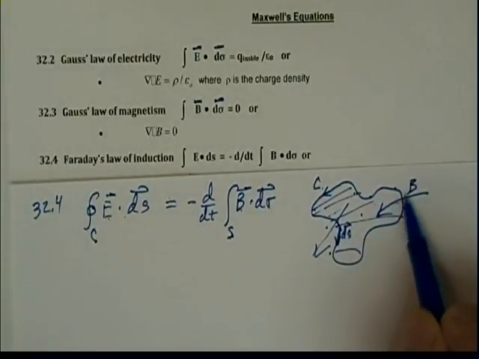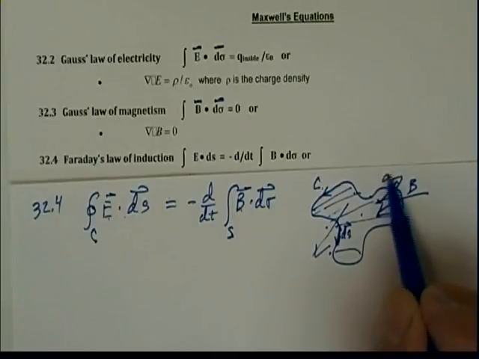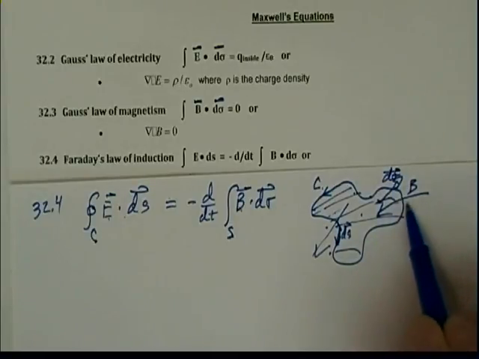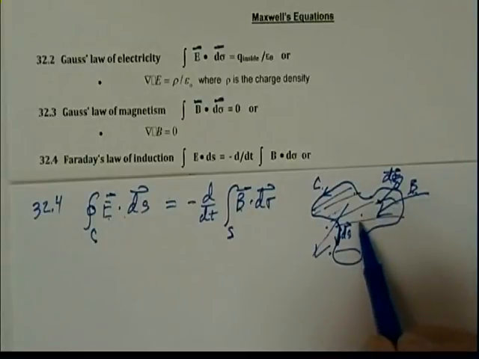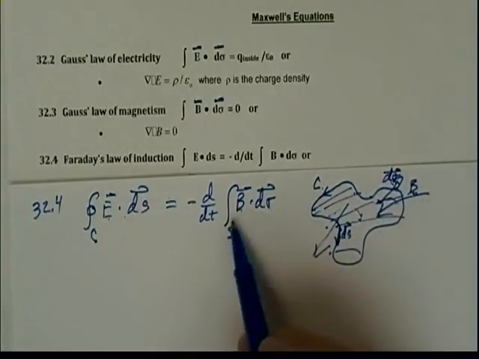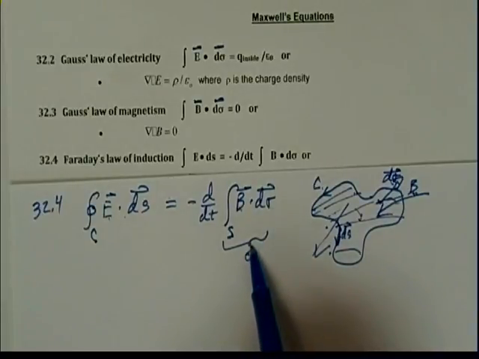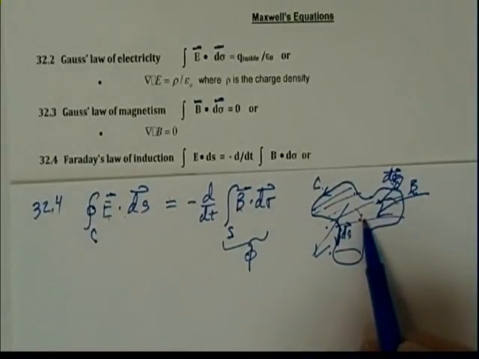We take the magnetic field and dot it with a little piece of area, d sigma, add up the dot products, and ask how much the magnetic field through this whole surface is changing. This is called the flux through this surface.